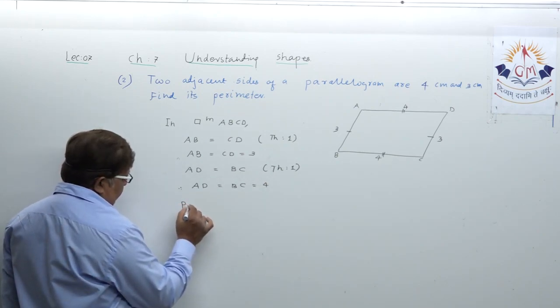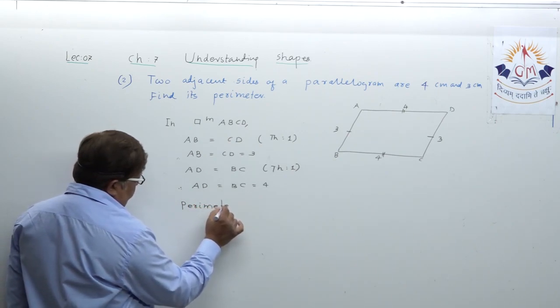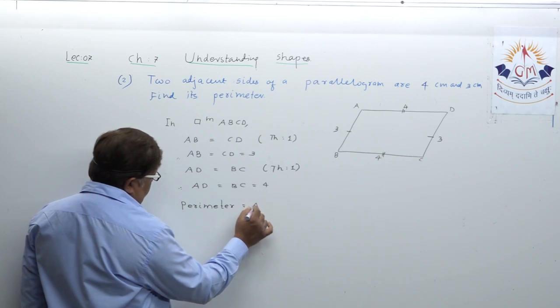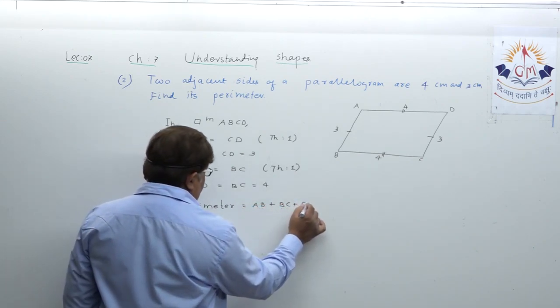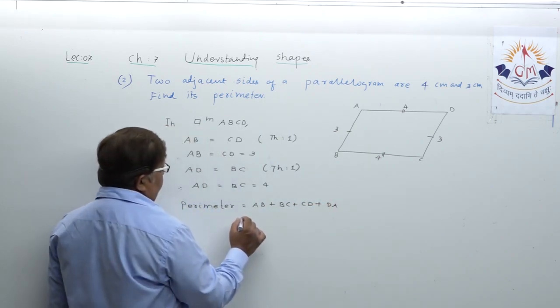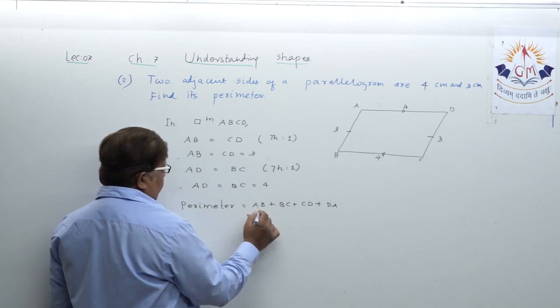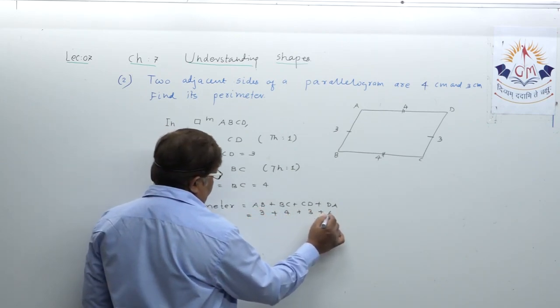Now as you know, perimeter equal to AB plus BC plus CD plus DA. Just go on substituting the values.